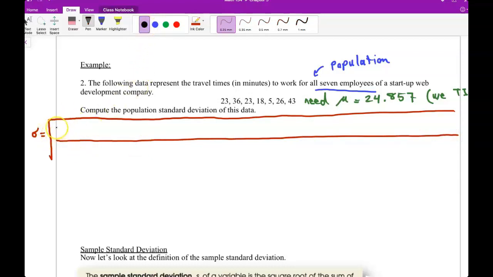That is equal to, here we have x1 is 23, minus mean 24.857, squared, then plus. Now the second data value is 36, again minus our mean 24.857 squared, plus the third one is 23, minus again the mean. So continue all these for all 7 data values.